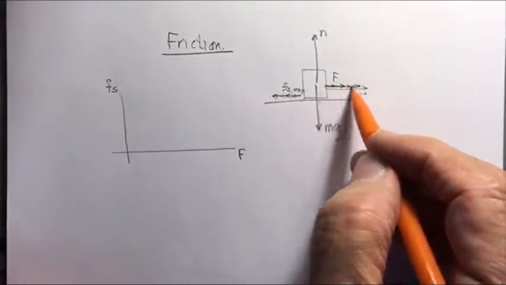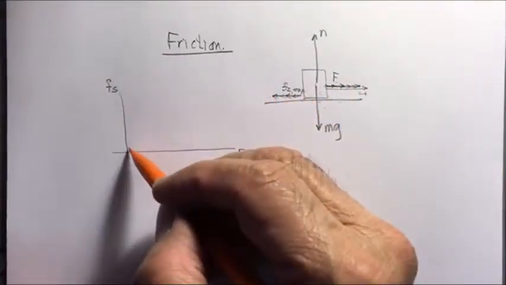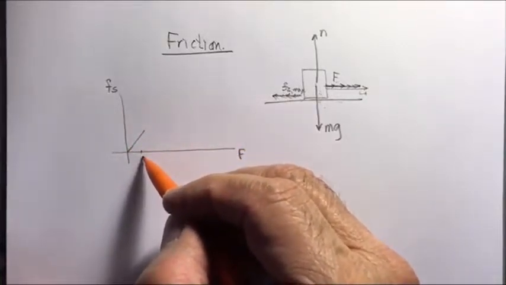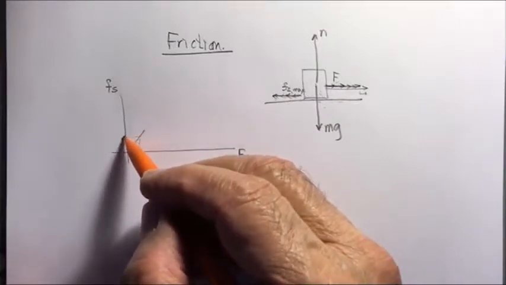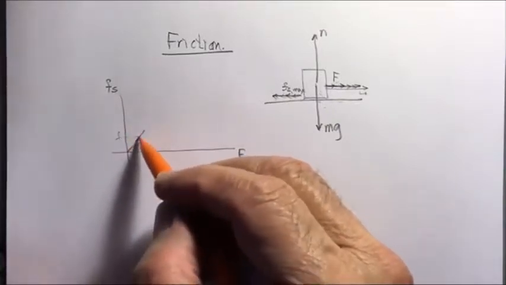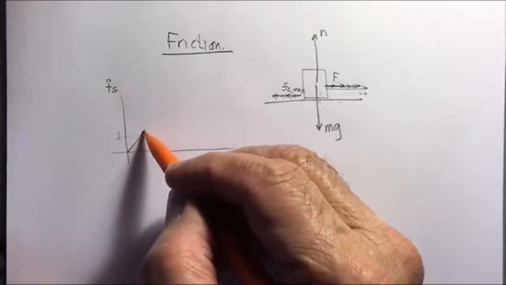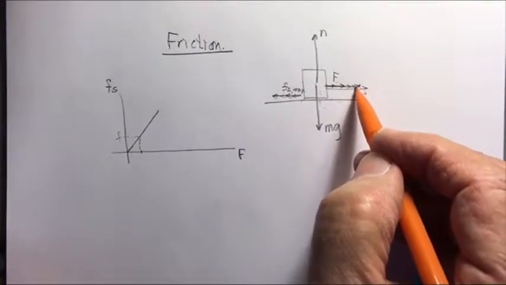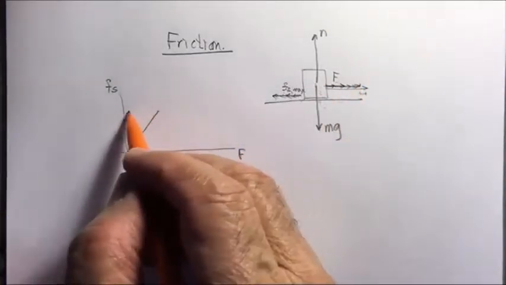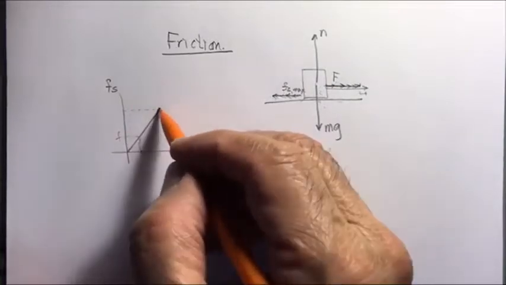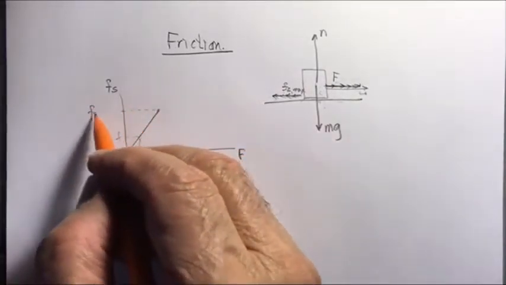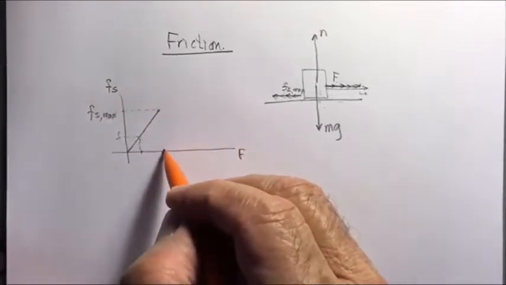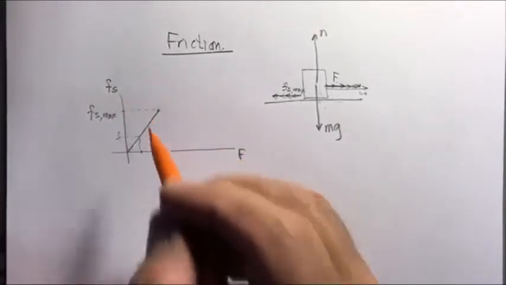This is a 45-degree line, which means that at any value of F, the friction is equal to F. This keeps going until it reaches the maximum possible value, written as Fs max, and at that point the force is equal to it, because this is a 45-degree line.